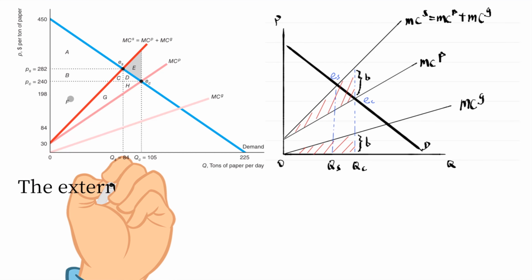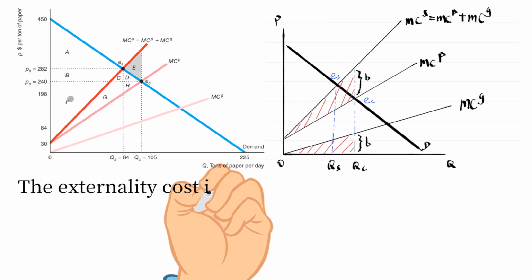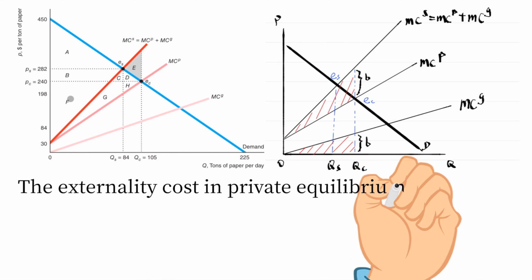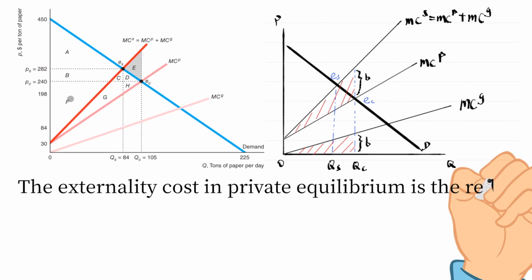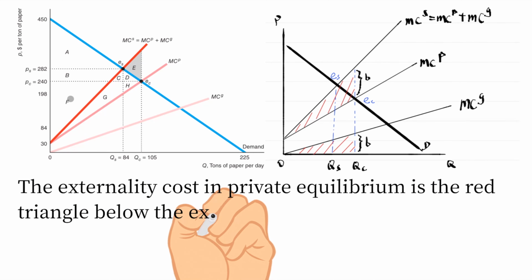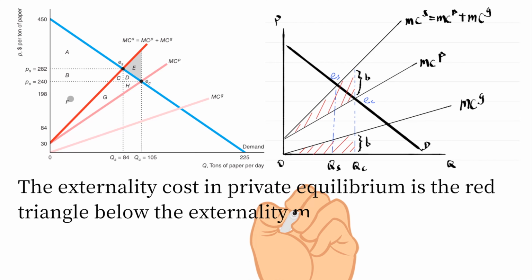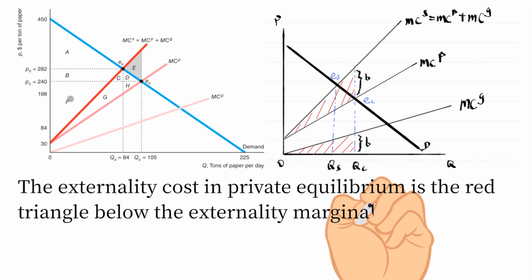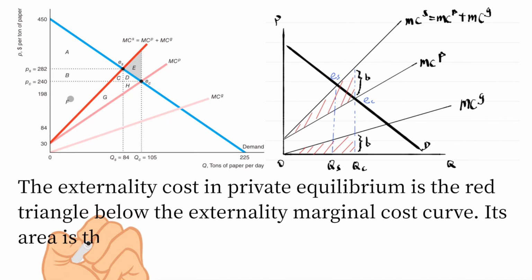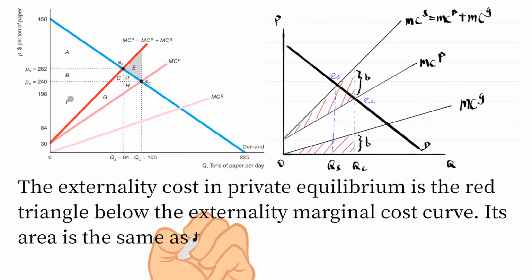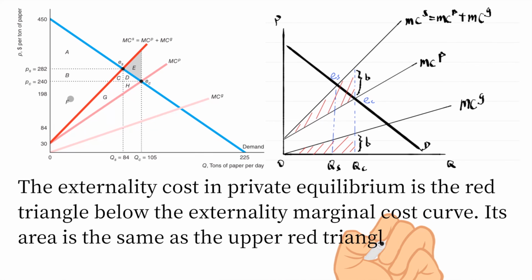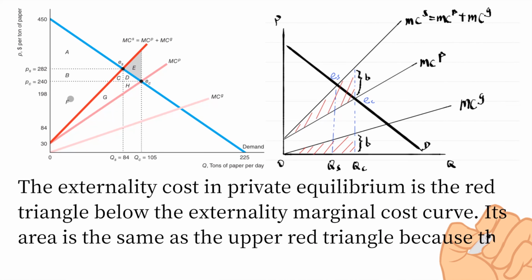The externality cost in private equilibrium is the red triangle below the externality marginal cost curve up to the competitive quantity of QC. Its area is the same as the upper red triangle because they have the same base of B and the same height of QC.